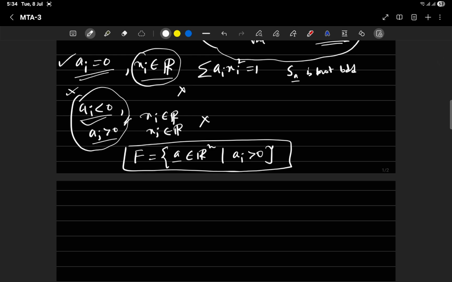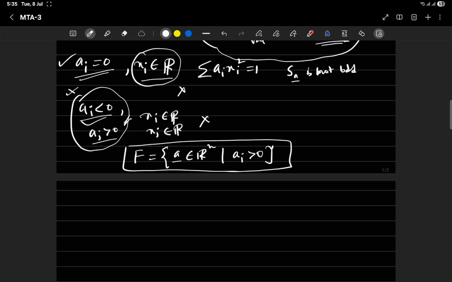Now many people can wonder, why is this the set? Because you take any point from the set, you get SA bounded, because at a time you will take any point, right? Yeah, that is the set.